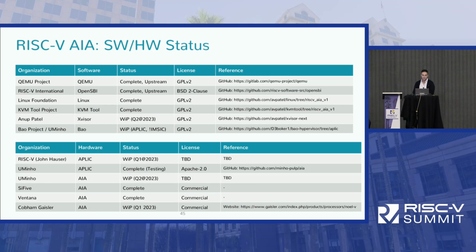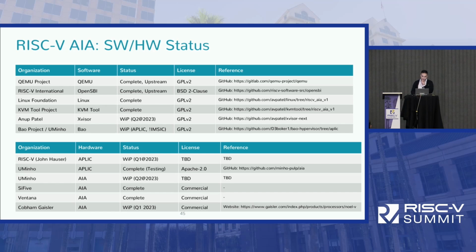And for the other two hypervisors I was mentioning so far, Xvisor and Bao, Anup has it implemented at the moment, expecting, according to what I spoke with him, to be complete by Q2 2023. And my team is also working on that, and we expect more or less the same time frame to complete the support for the AIA.